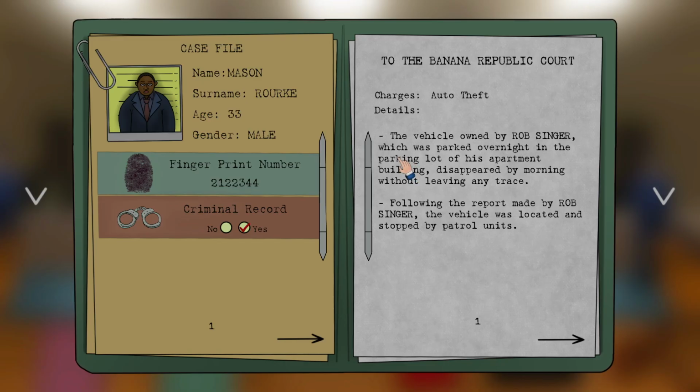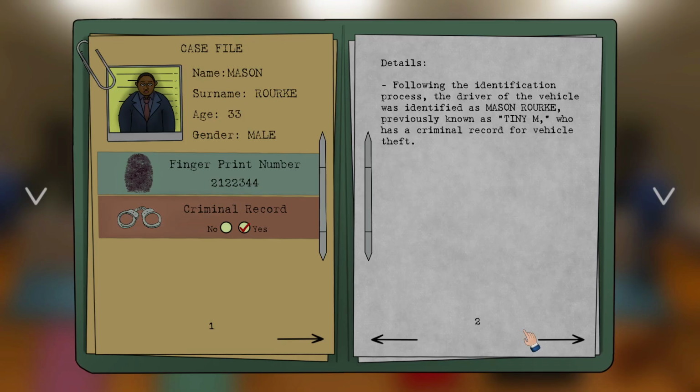Republic Court, charge auto theft. The vehicle owned by Rob Stinger, which was parked overnight in the parking lot of his apartment building, disappeared by morning without leaving any trace. Following the report made by Rob Singer, the vehicle was located and stopped by patrol units.